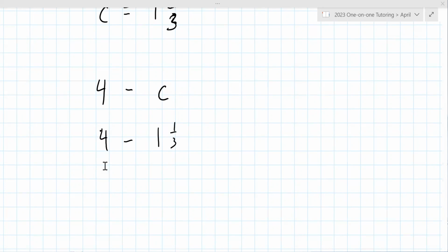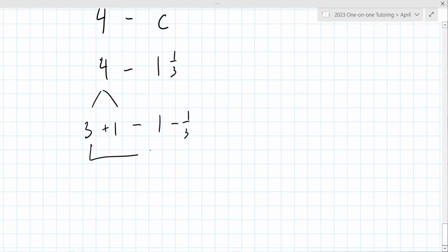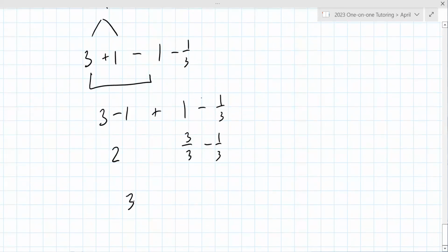So you have to break the 4 into 3 and 1. Yes. 3 minus 1, plus 1 minus 1/3, 3/3 minus 1/3, becomes 3 and 2/3.